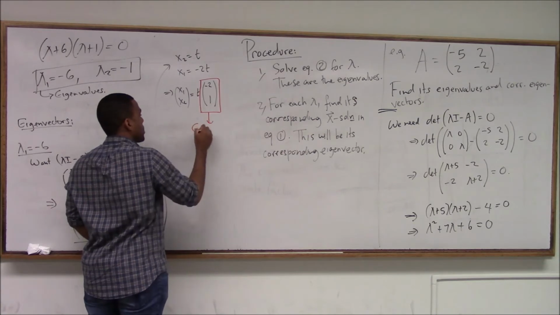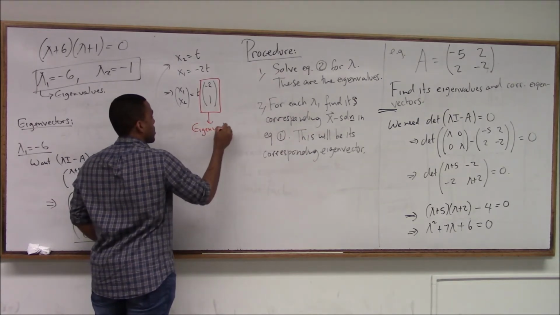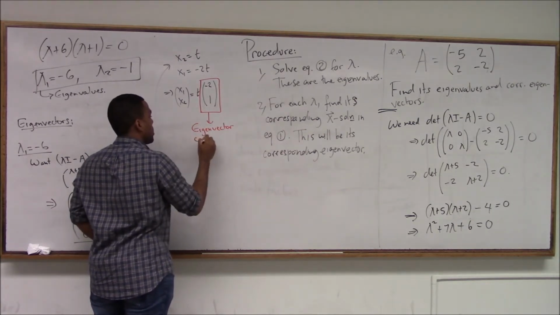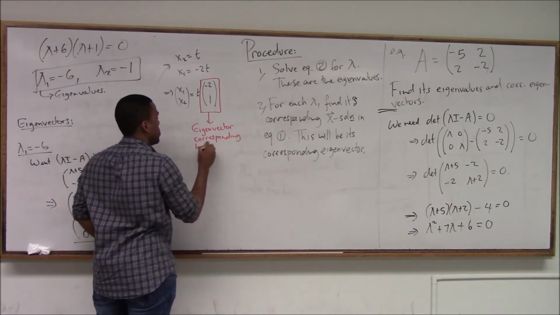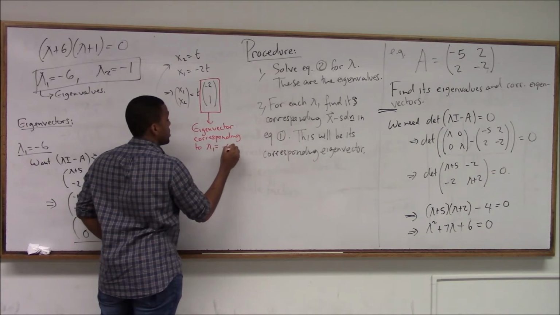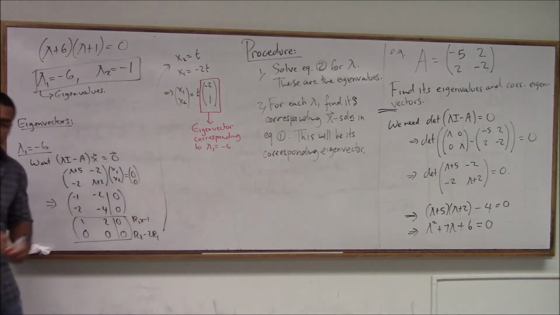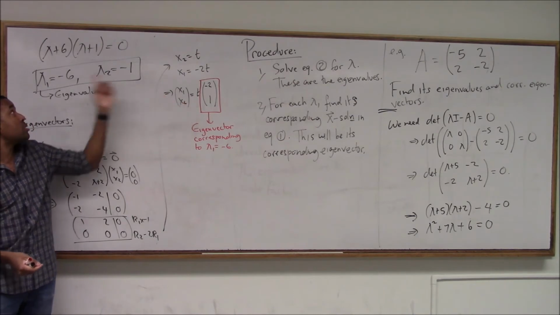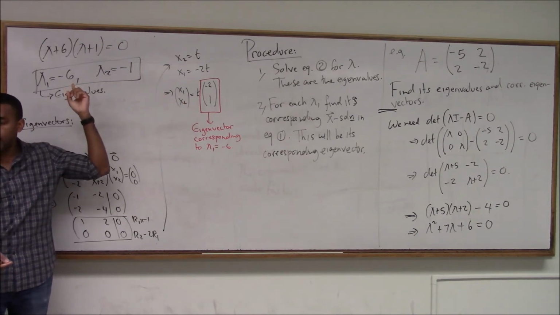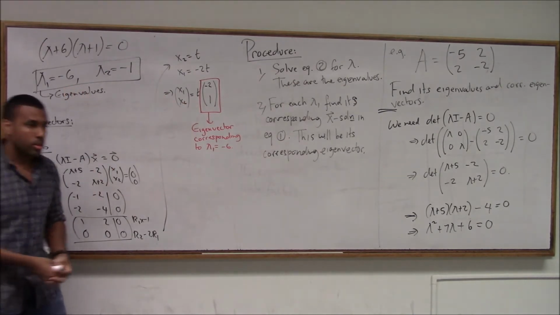This is the eigenvector corresponding to lambda 1 equals minus 6. In other words, what I'm saying is every vector that is parallel to this vector will be scaled by minus 6 when I apply this linear transformation.